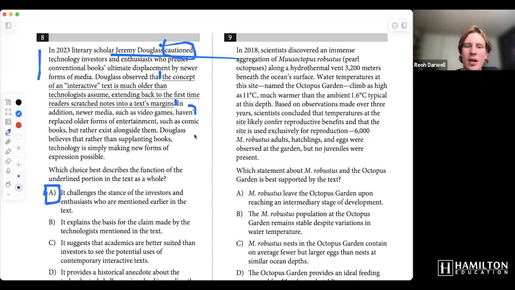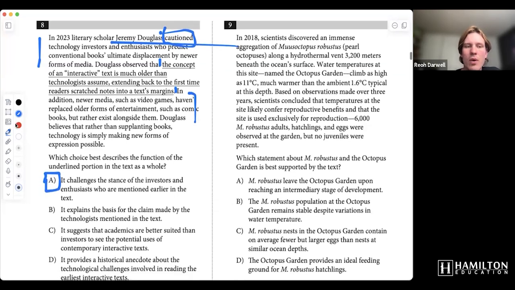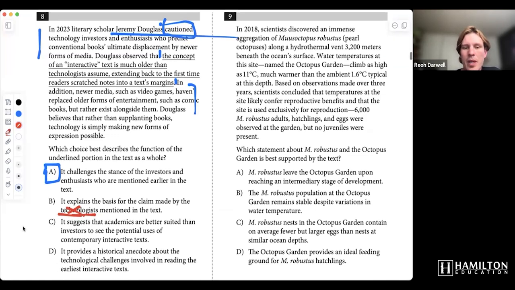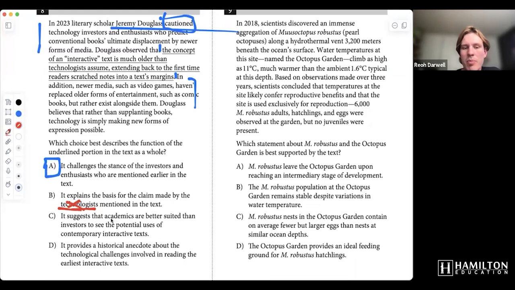And we get another one here, okay? So it provides the basis for a claim that he makes, but is it made by the technologists? No, that's what's wrong in B. Does he support academics over investors here, like we see in C?